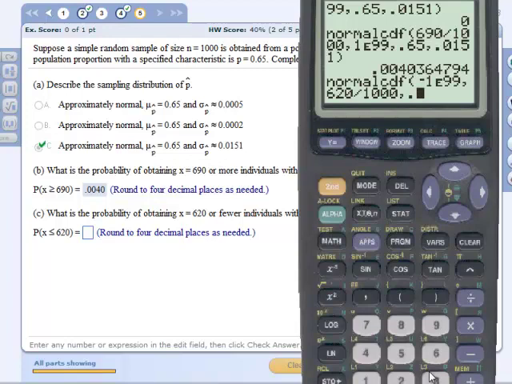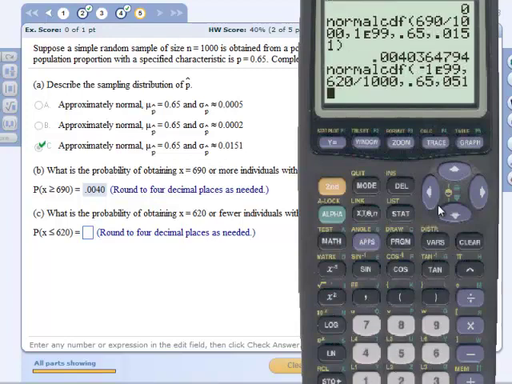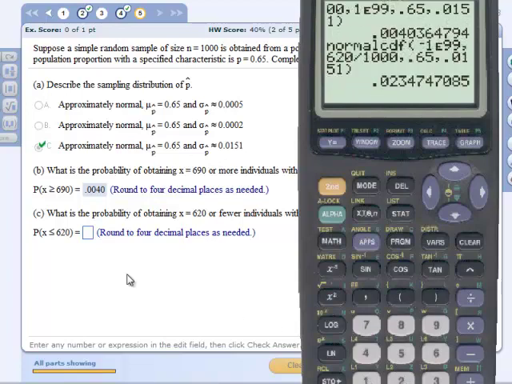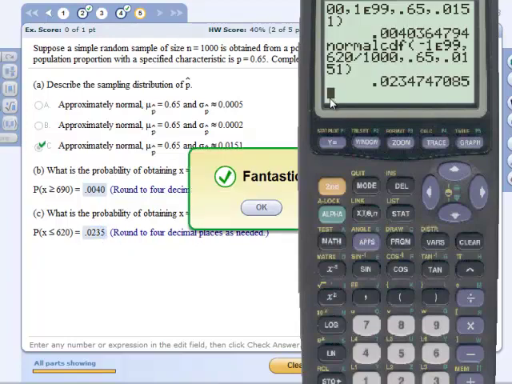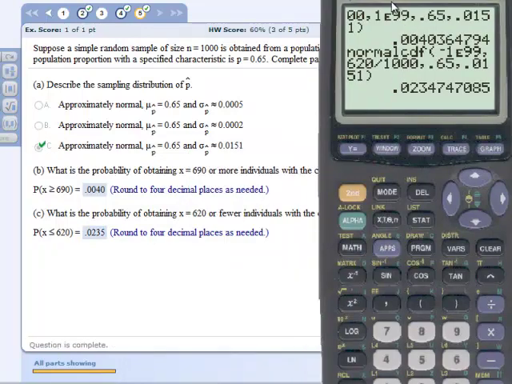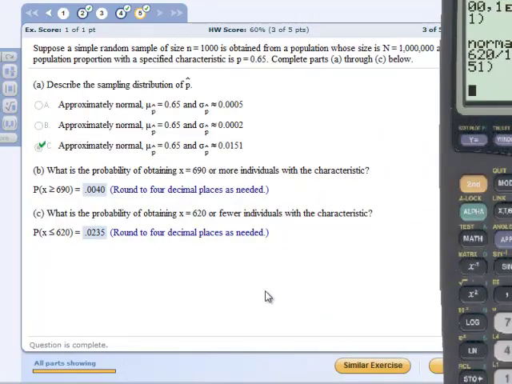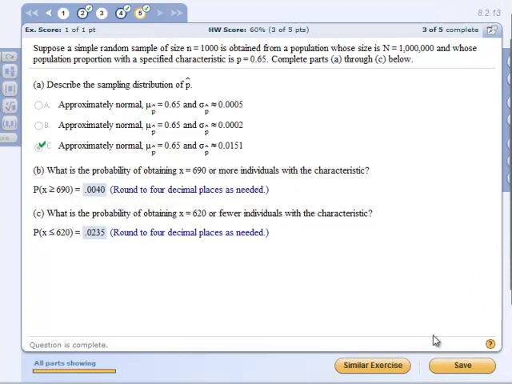And then 0.65, and the standard deviation. Whoops, I left that off: 0.0151. And we're doing 4 decimal places. 0.0235. And there we go. So I hope this helps you.